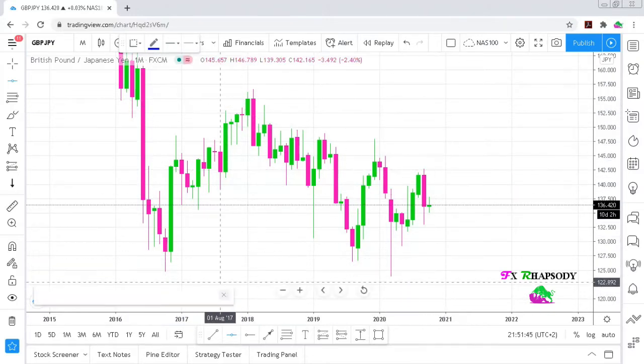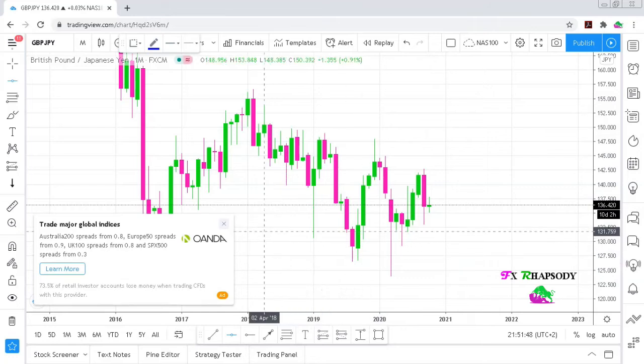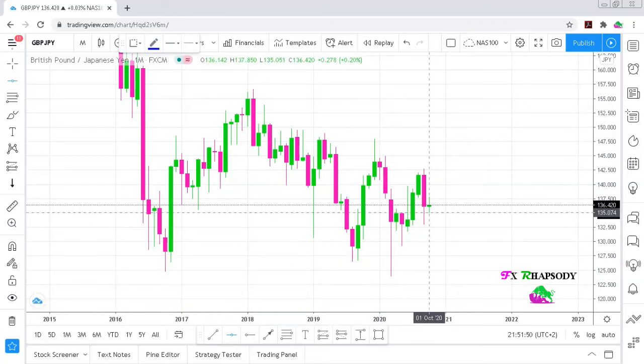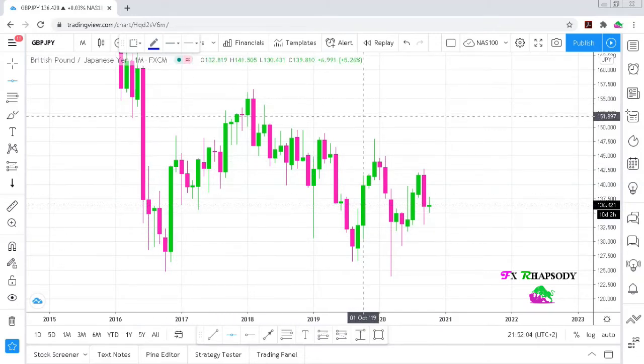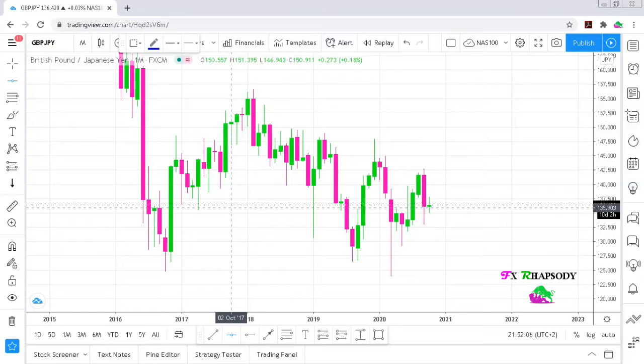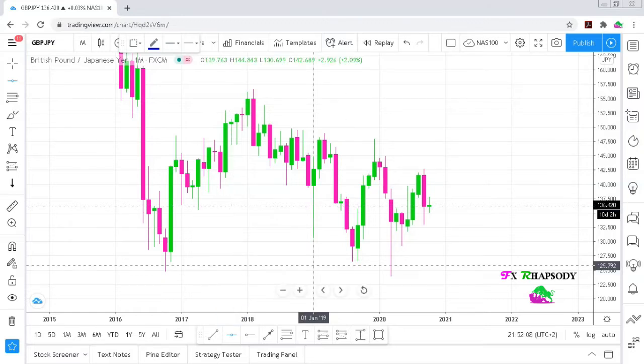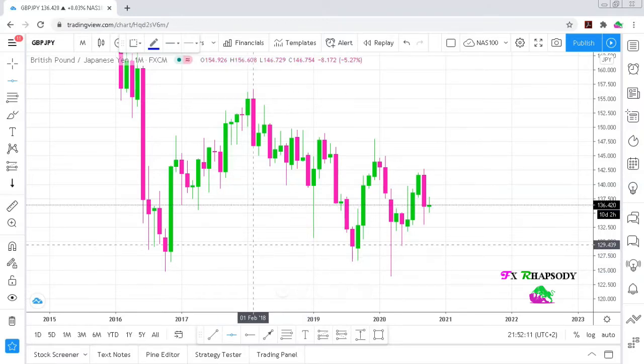There aren't a lot of candles in here because, as you can see, this is monthly, so this candle that's currently happening will be the October candle for 2020. And all these candles will stretch all the way back to 2016. These are just key areas in the market, and I just want to show you something very interesting.